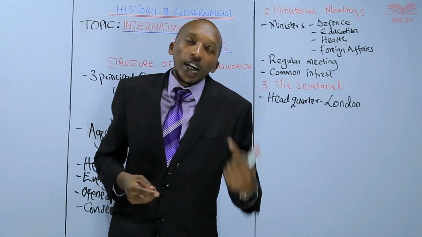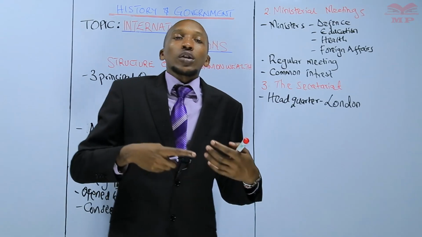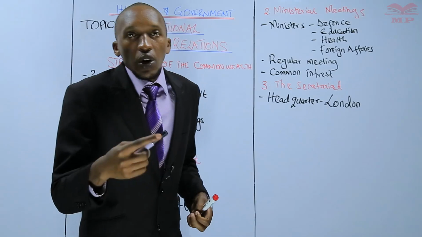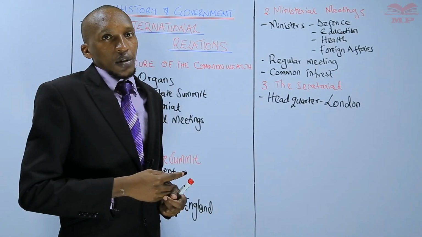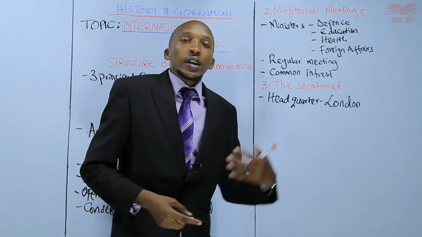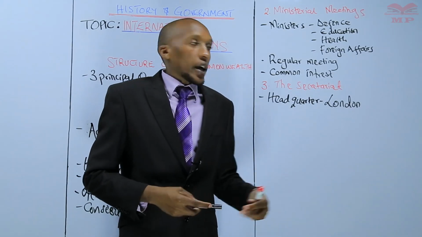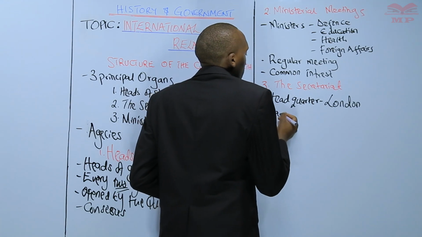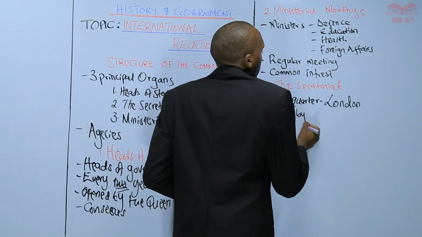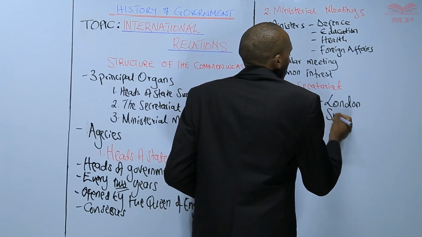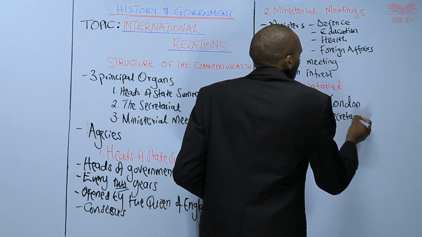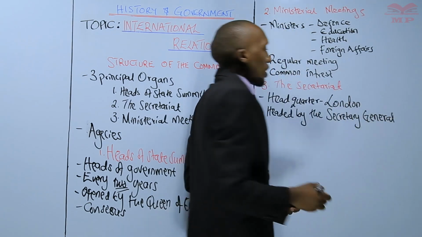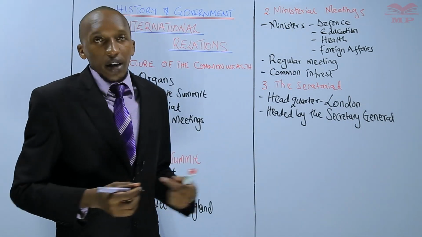Remember, we have said the secretariat is the body, or the organ of the Commonwealth, concerned with the day-to-day running of the organization. They are involved in running the matters each and every day that are required by the organization. It is headed by the secretary general, who is appointed from among the members.